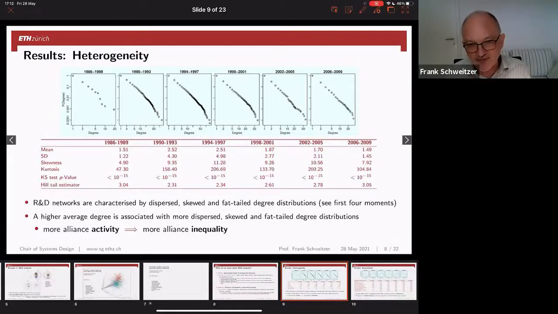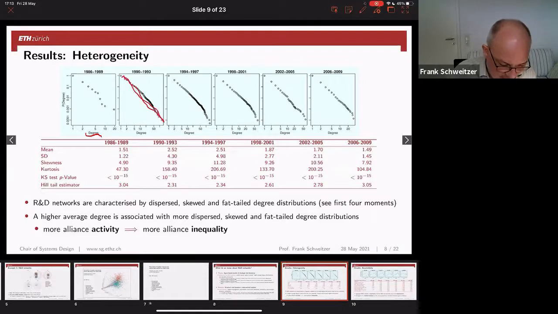What does this mean? Heterogeneity refers to the number of partners that a firm has in this collaboration network. There are many firms that have only 1 or 2 or 3 partners with whom they collaborate, but there are a few firms that have 50 or 100 different partners. This is expressed here in the so-called degree distribution. Degree measures the number of partners that a firm has. And what we see here is a probability distribution.